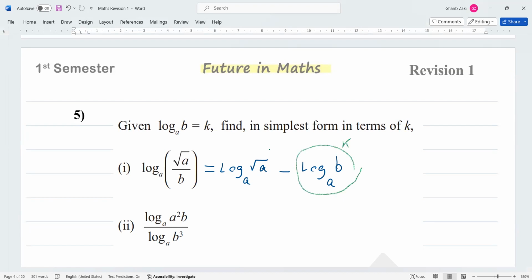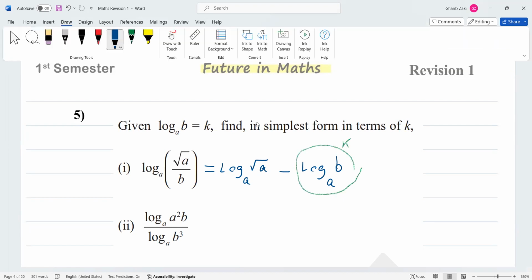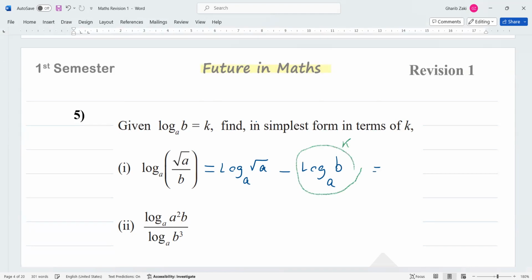What about log square root? Square root means the power half. Then it's log a power half to the base a minus k. Half comes in front of the log, so it's a half log a to the base a, which is 1, minus k. Half times 1 is half, so the value is half minus k.